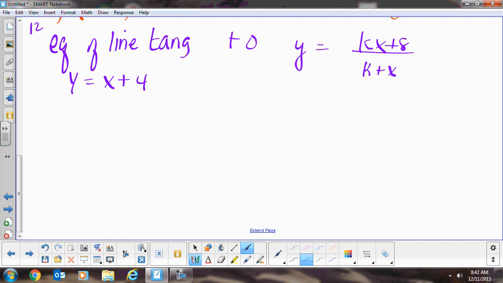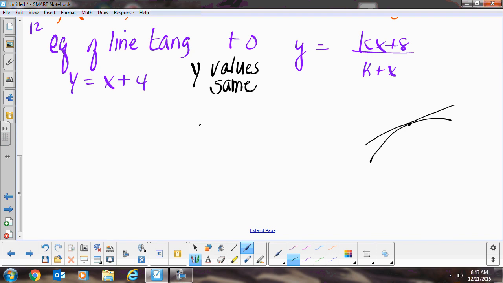If we have the equation of a line tangent to that curve, what do we know about the y values? We've got a curve, we've got a tangent line. What do you know about the y values? They're the same.